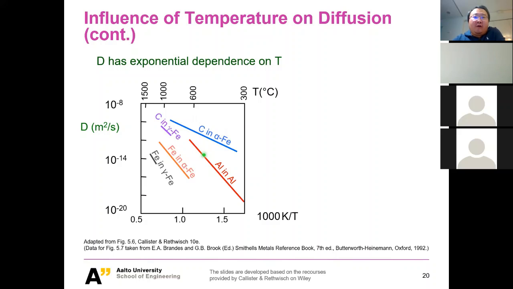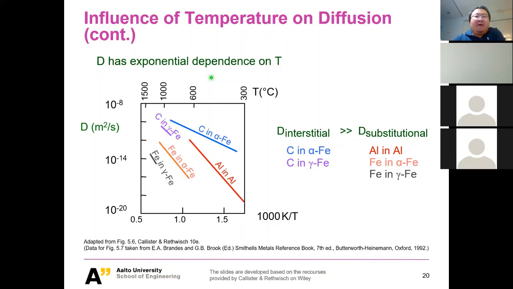And it is much higher than, let's say, aluminum in aluminum or iron in iron. As you remember, that is the so-called self-diffusion realized purely via vacancy diffusion. And this one is realized by interstitial diffusion. That's why I'm telling you the second one, interstitial diffusion, is way faster than vacancy diffusion.